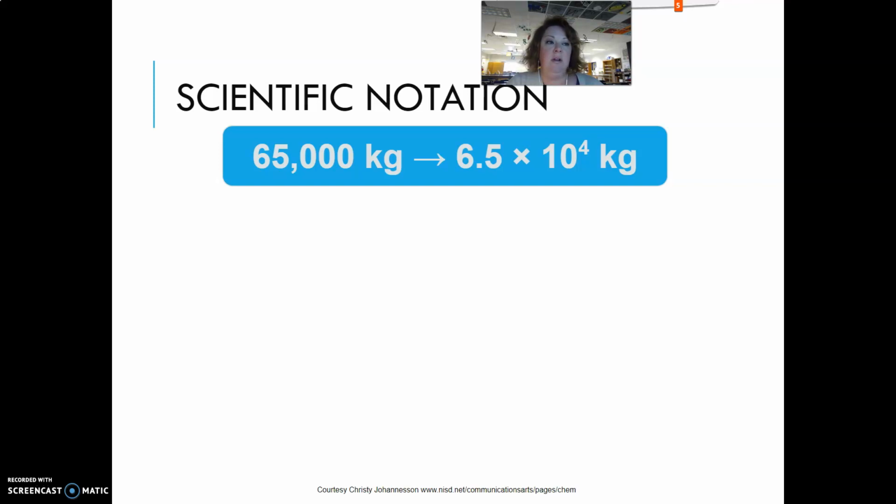I know I didn't learn it very well when I was, well, before actually. So what scientific notation is, is putting really large numbers into a more manageable figure that we can deal with. So for instance, 65,000 kilograms would be 6.5 times 10 to the 4 kilograms.